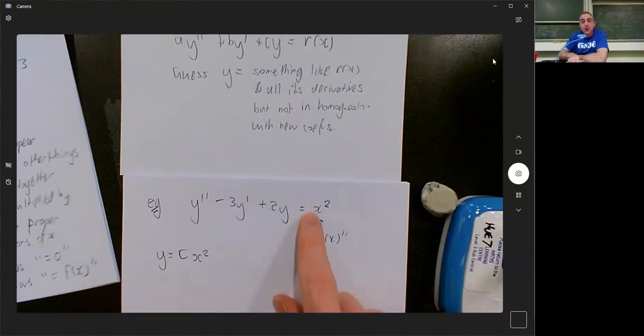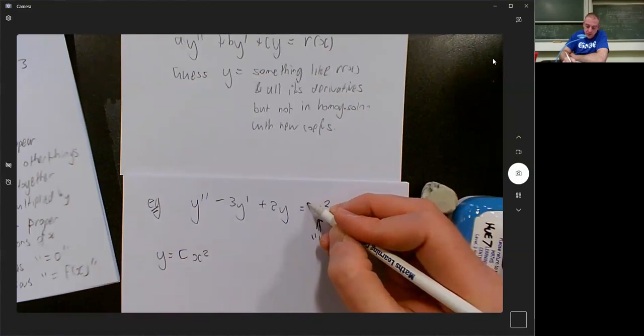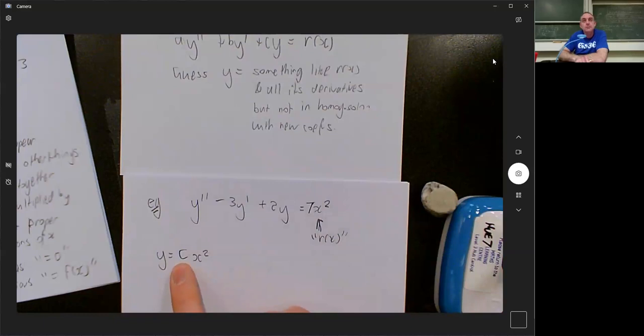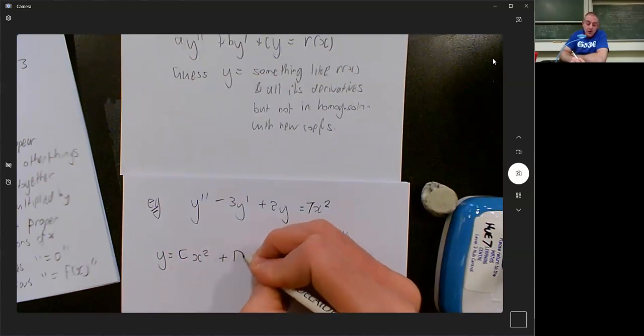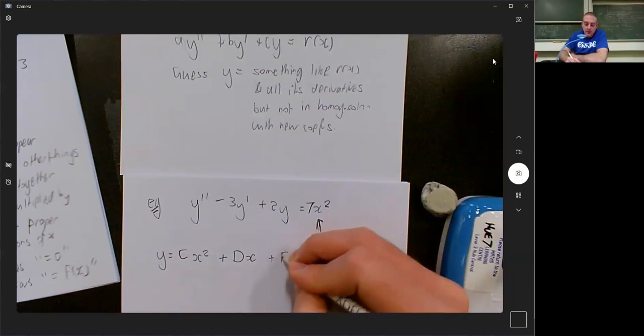It doesn't matter what the coefficient was before, even if this was a 7x squared, I would still choose a new number. But I have to include the derivative of this thing, and the derivative is 2x, so with a new coefficient for 2x, that will be just d. And I have to include the derivative of this, which is just 1, and a new coefficient for 1 is a constant times e.